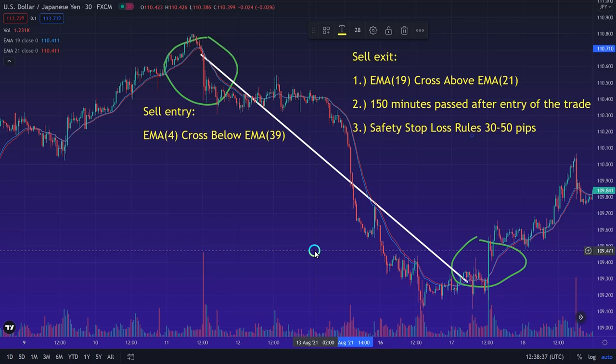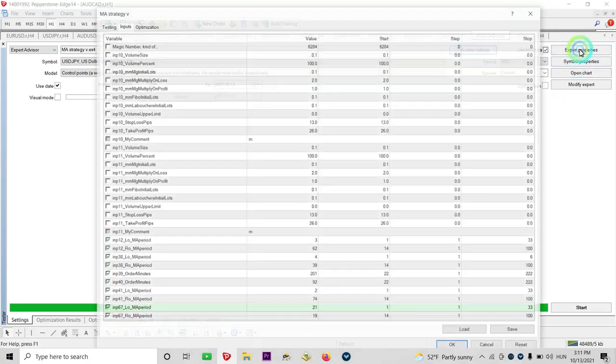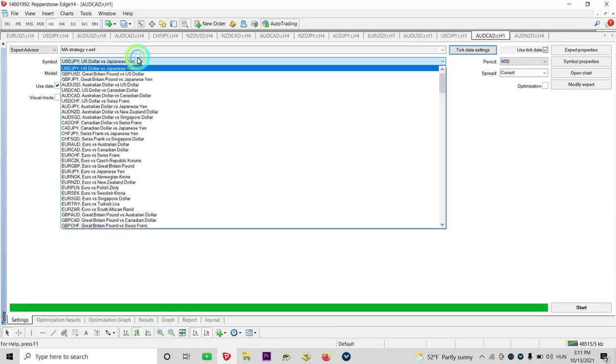Now I will show you the real test with this EA, with this strategy that I coded into an EA, so we can test it. Now let's see. I will test it for approximately 1 year on the 30-minute time frame on USD versus yen.